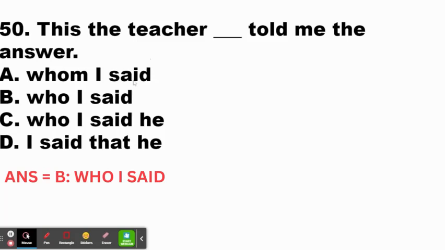Now, what is meant to confuse you here is I said, who I said told me, and we can reconstruct this sentence and say, this is the teacher who told me the answer. Incidentally, that was what I said. So just to reframe it and for you to understand that the subjective form of who should be here.